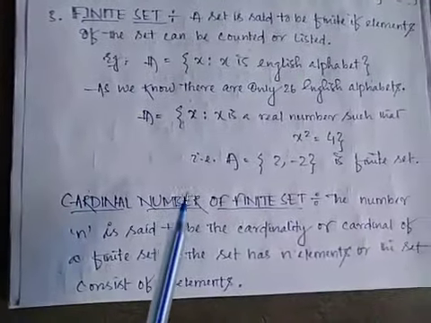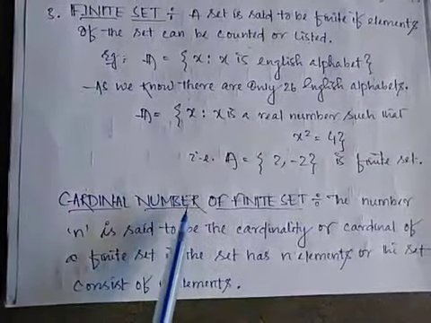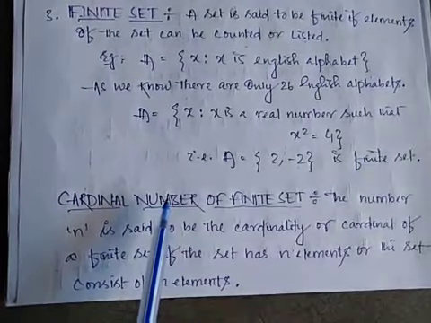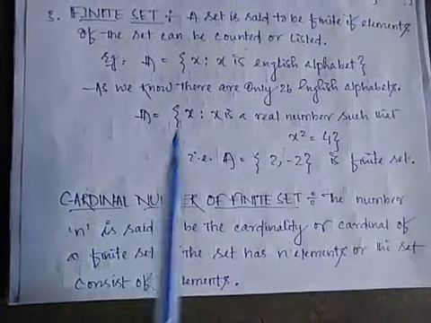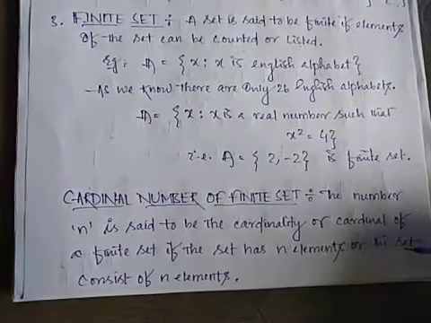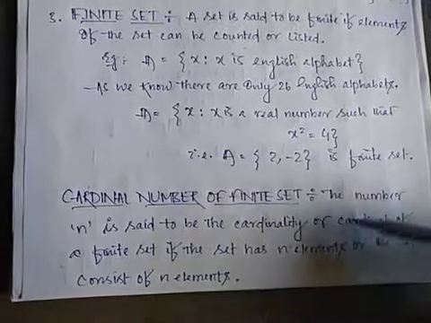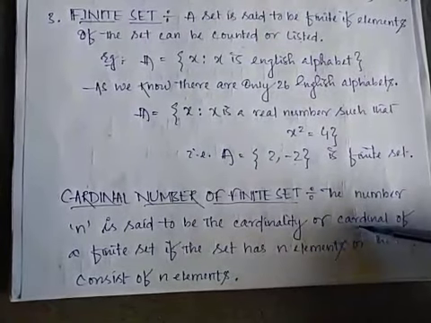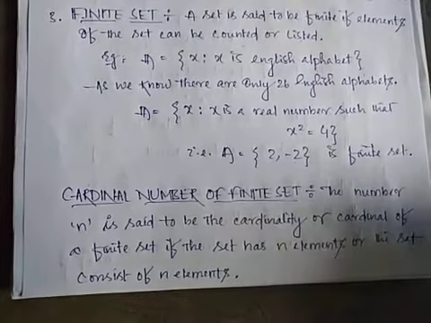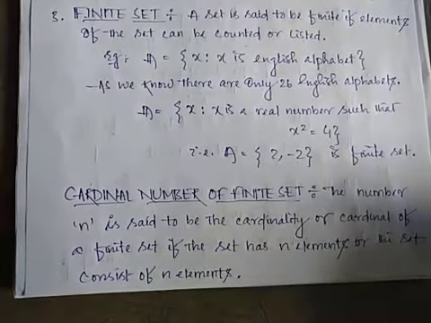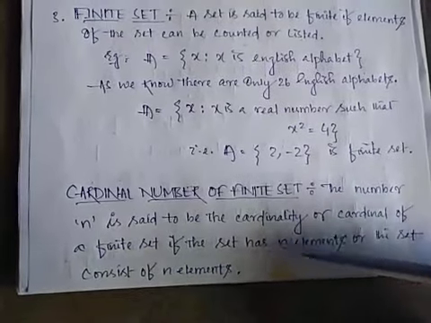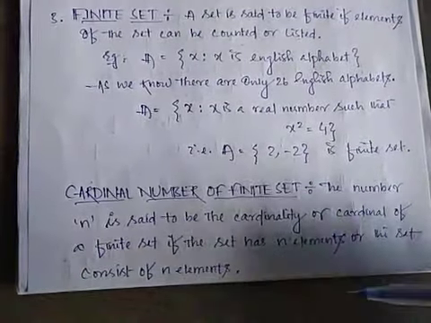Next, here is one important thing: the cardinality number of a finite set, or simply the cardinality of a set. For which sets is cardinality possible, and what do we mean by cardinality? The number n is said to be the cardinality of a set. n is called the cardinality, the cardinal number of a finite set. When is it called that? When the set contains only n elements.